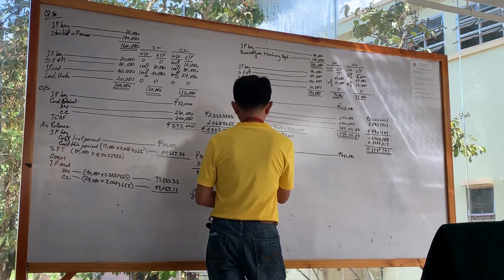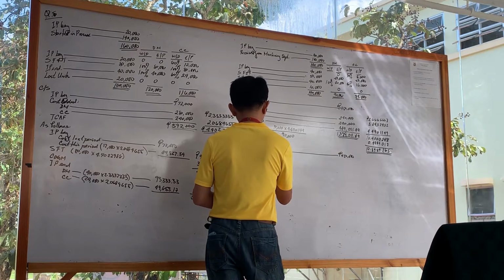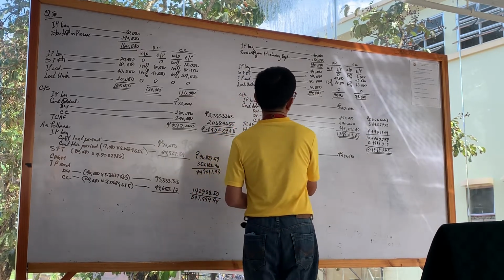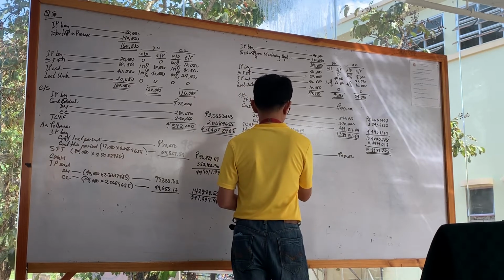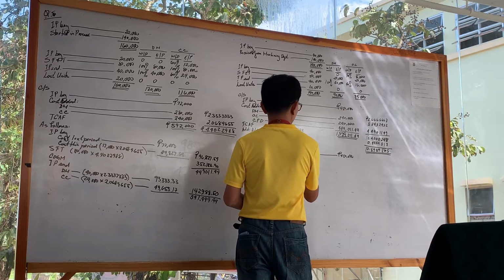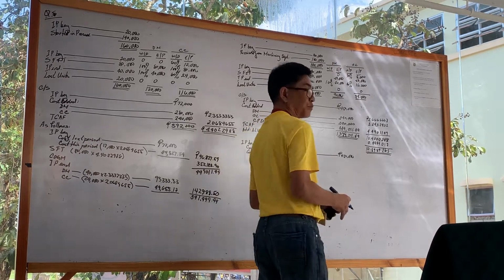Cost this period, that is equivalent to 8,000 times 3.243242.